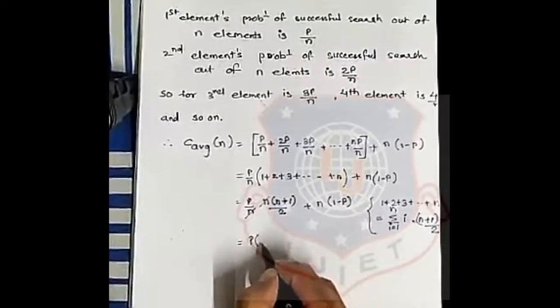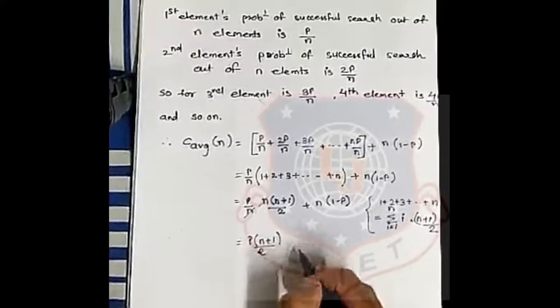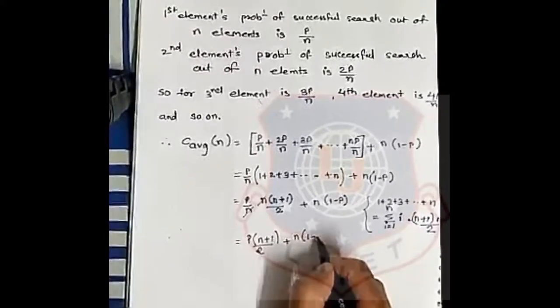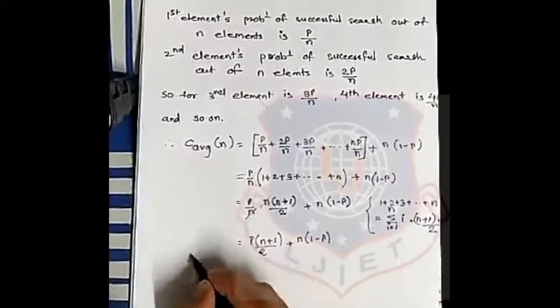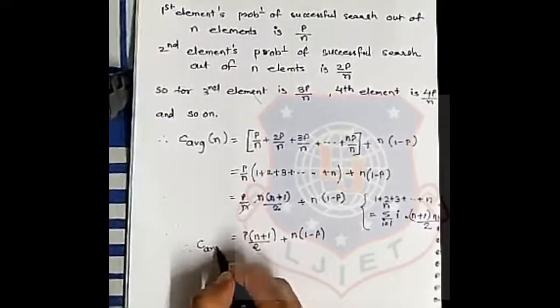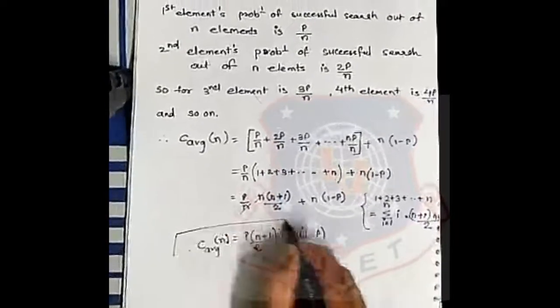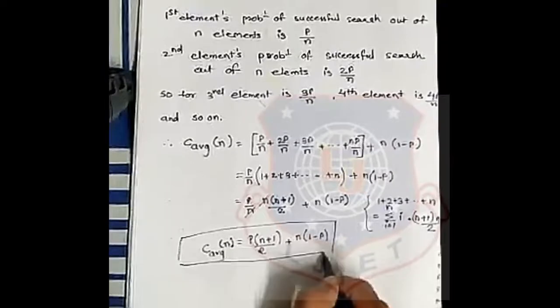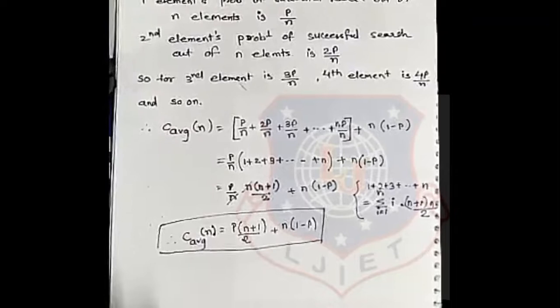So P into n plus 1 by 2 plus n into 1 minus P. This is the complexity of sequential search in the average case over n inputs. For any random number, we will make use of this formula.